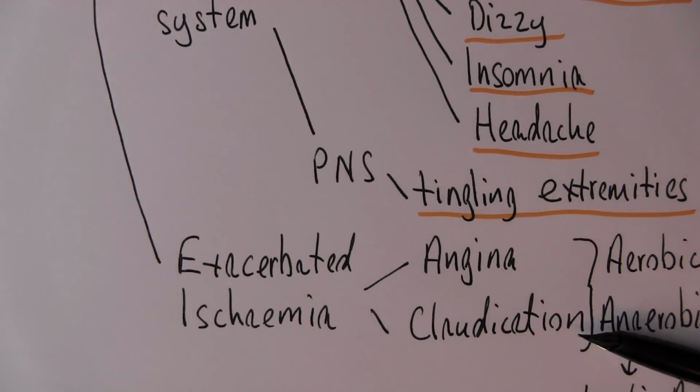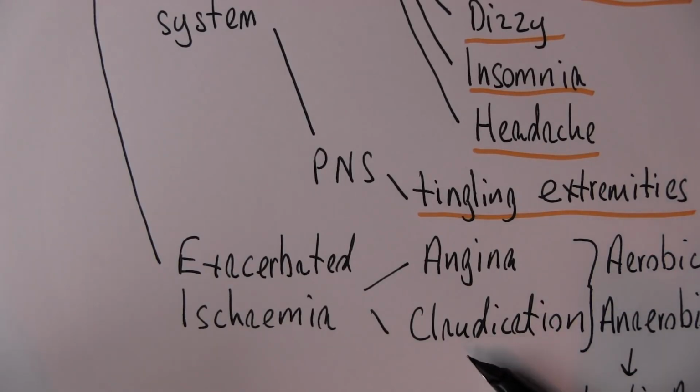And claudication means intermittent limping as a result of ischemia and hypoxia of the leg muscles. This is one of these curious terms in medicine. It's named after an old Roman emperor who apparently used to limp, called Claudius. And the name's just stuck, claudication. But what claudication is, is ischemia and hypoxia of the leg muscles.